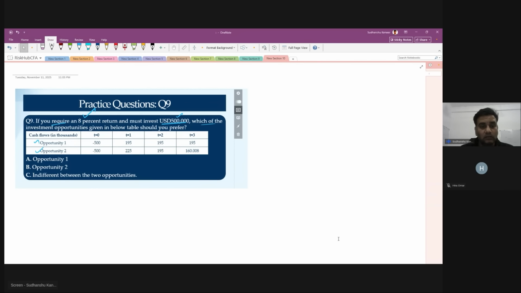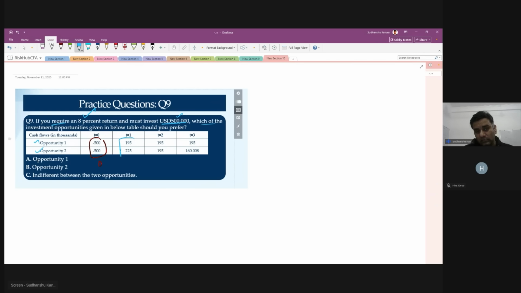One way, I'll say, is that you subtract. Basically you have to compare 1 and 2. If you compare 1 and 2, you check how their cash flows differ. Same cash flow, no difference, zero. So there is no difference here.